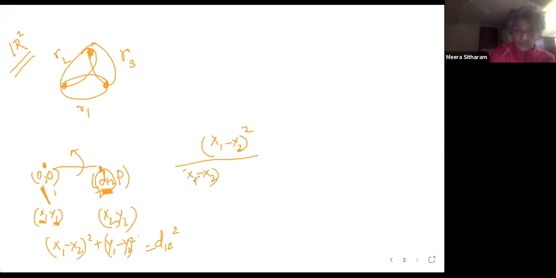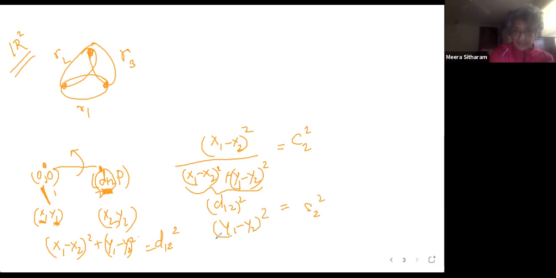So x1 minus x2 squared, which we know is d12 squared, just call it C2 squared, the cosine of the rotation angle. And you can also make the other one, y1 minus y2 squared divided by d12 squared, as S2 squared, and then simply set C2 squared plus S2 squared equals 1.